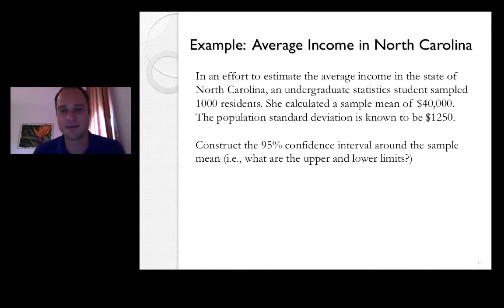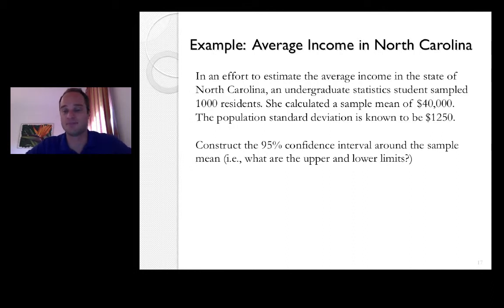So let's work through an example to finish up. In an effort to estimate the average income in the state of North Carolina, let's say an undergraduate statistics student sampled 1,000 residents, through survey methods, let's say. And that sample represents the population of interest. She calculated a sample mean of $40,000.